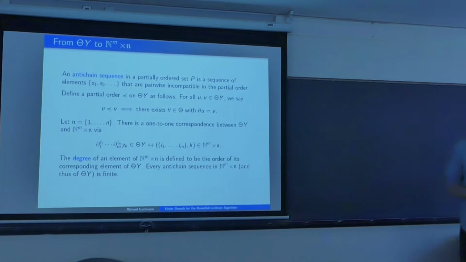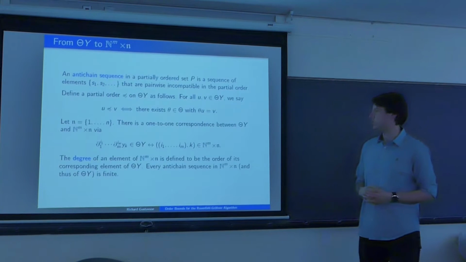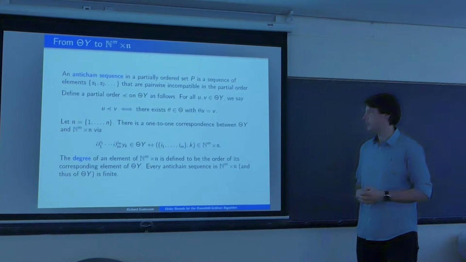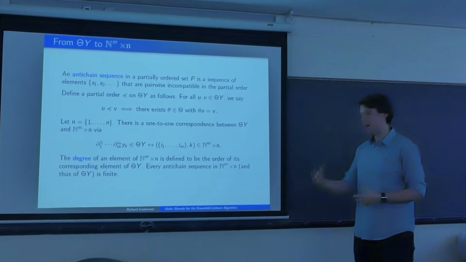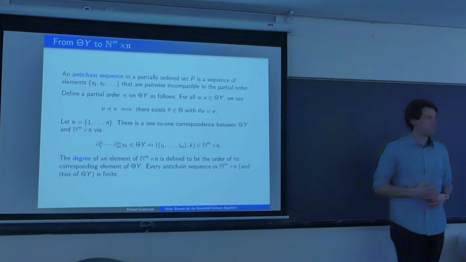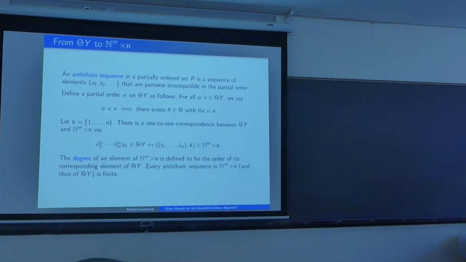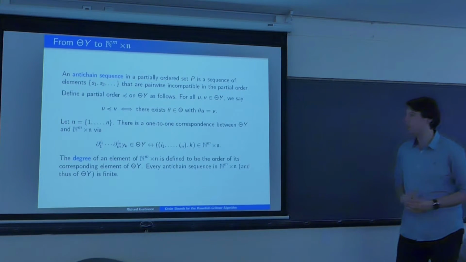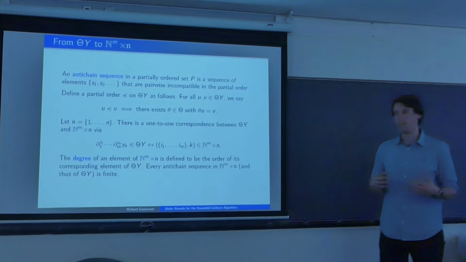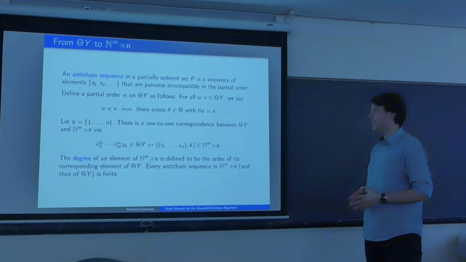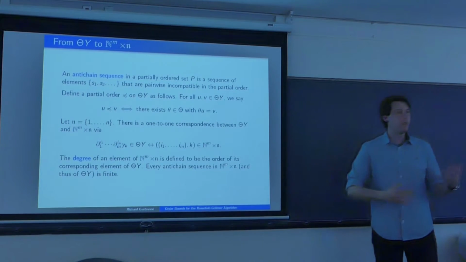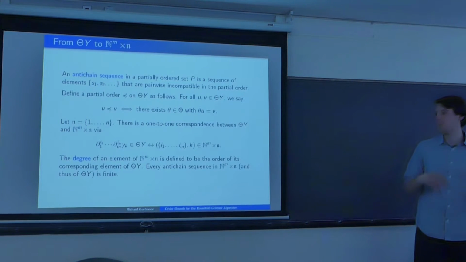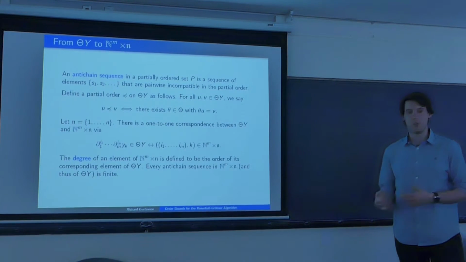Let me give a little bit of the setup to describe how we're going to state the result. If we have a partially ordered set P, an anti-chain sequence is a sequence of elements that are pairwise incompatible in this partial order. We can define a partial order on the set of all derivatives by saying u is less than v if and only if there is some theta such that theta u equals v.